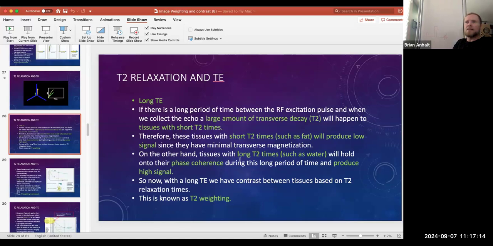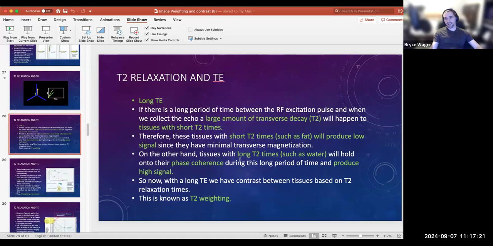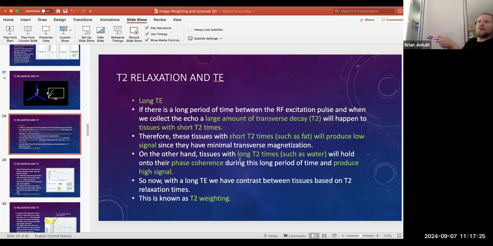So how do we minimize T2 weighting? Short TE, right? We excite, and then we listen back right away. We excite, we refocus, we listen to that echo before any true T2 interactions, or as minimal as possible T2 interactions, happen.